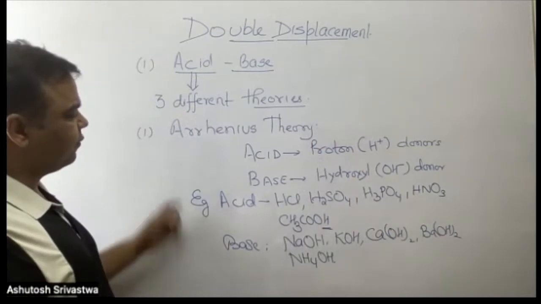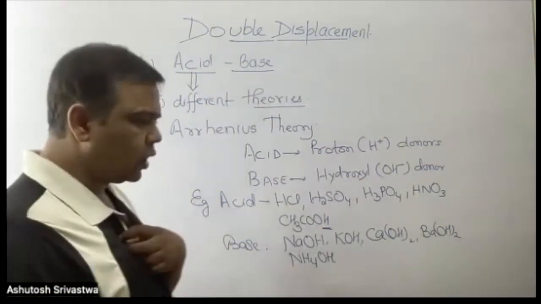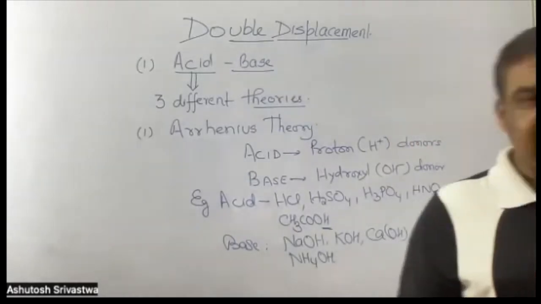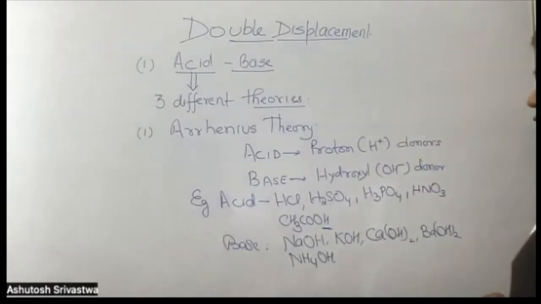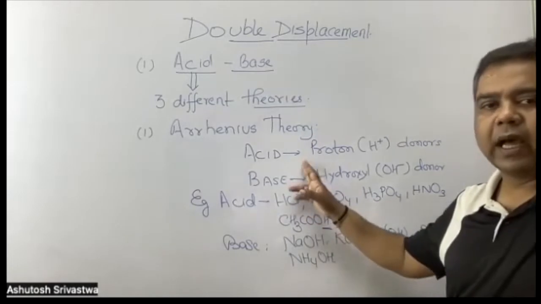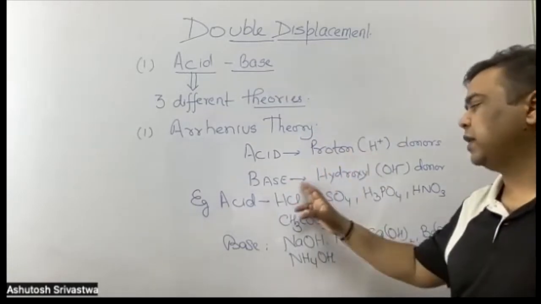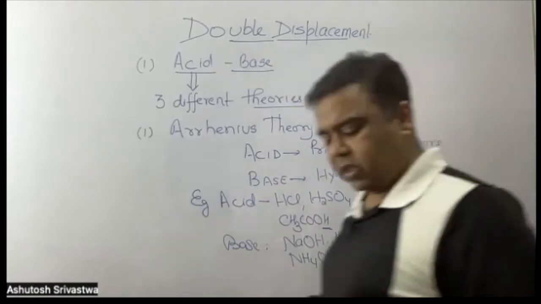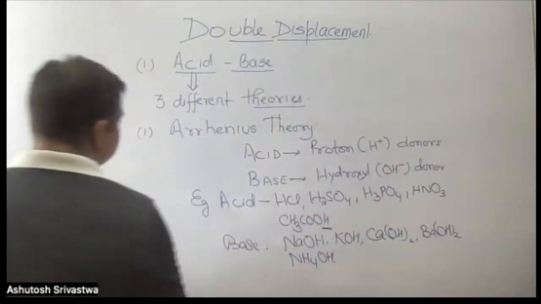Okay, this is the first theory. So we will say an acid-base pair can be regarded as an Arrhenius acid-base pair if it satisfies the condition: acid being a proton donor, base being a hydroxyl donor. I think this is the one which you have read earlier.